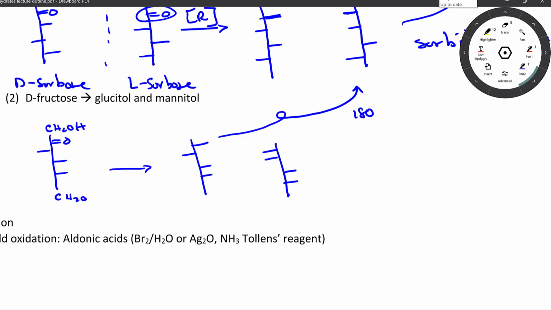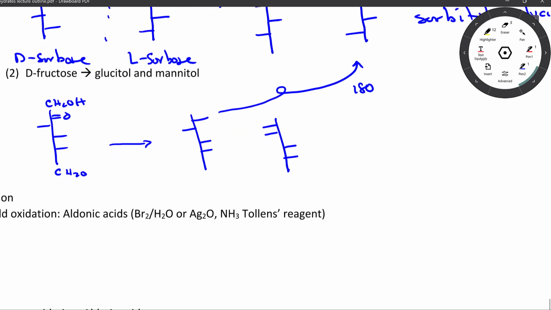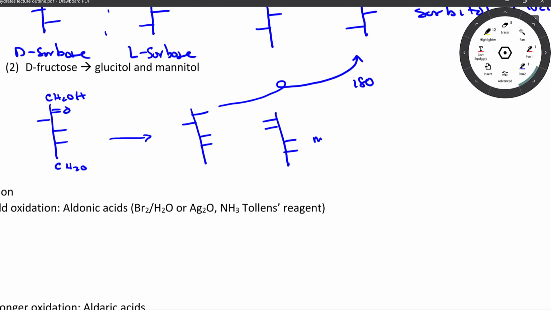Usually on a test, I'll ask which of these sugars can produce, and then I'll just randomly pick a glucitol or a mannitol or sorbitol, and then you have to recognize that some of these are the same and some of them are different. Okay, now this is mannitol, is what the name of this is. And mannitol is another one of the artificial sweeteners.